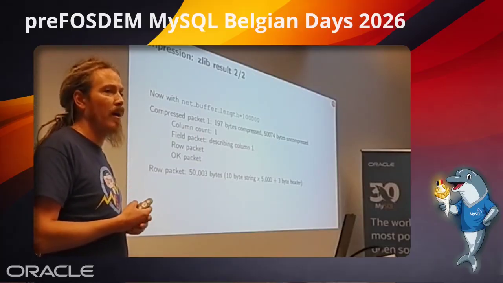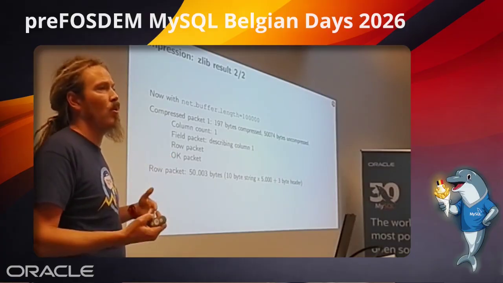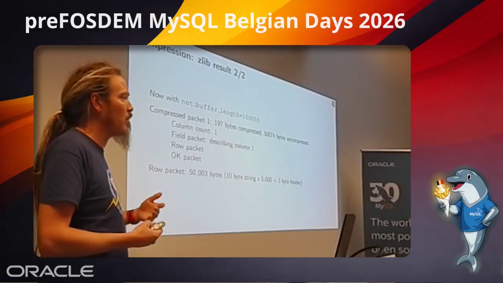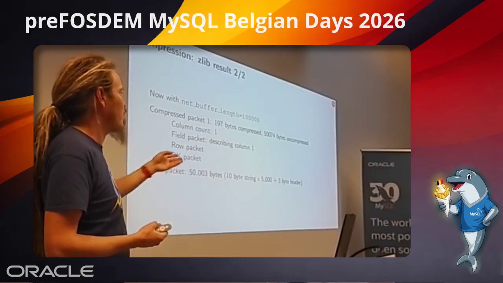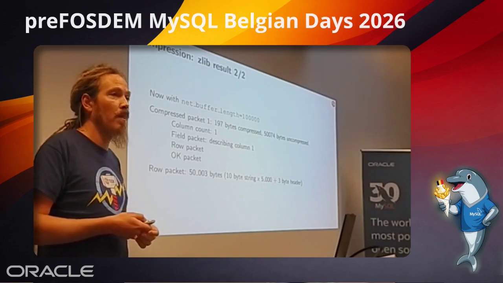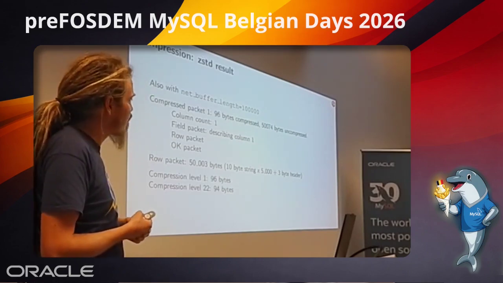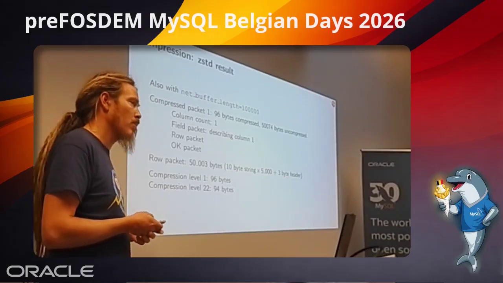So the row packet is just over 50K. Note that there are 3 packets because the net buffer length is by default set to 16K. This limits the size of the first packet, because that's what the buffer is allocated for this first packet.